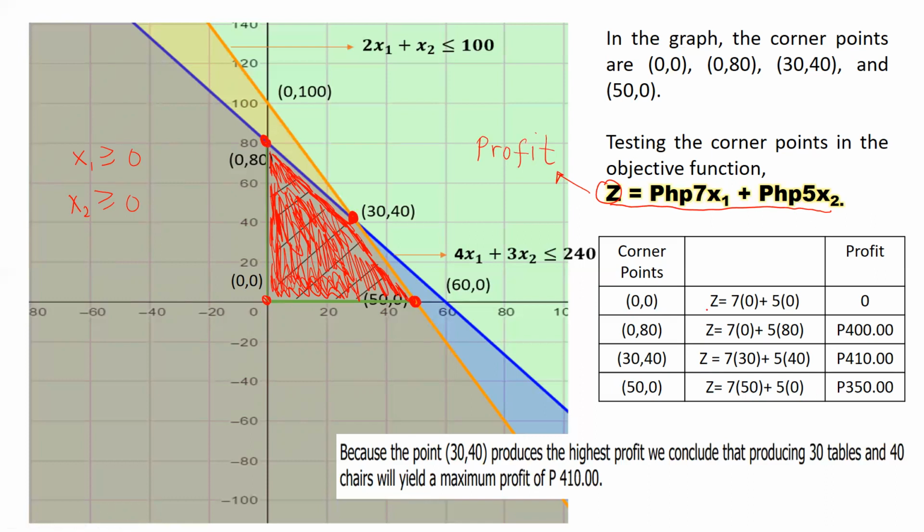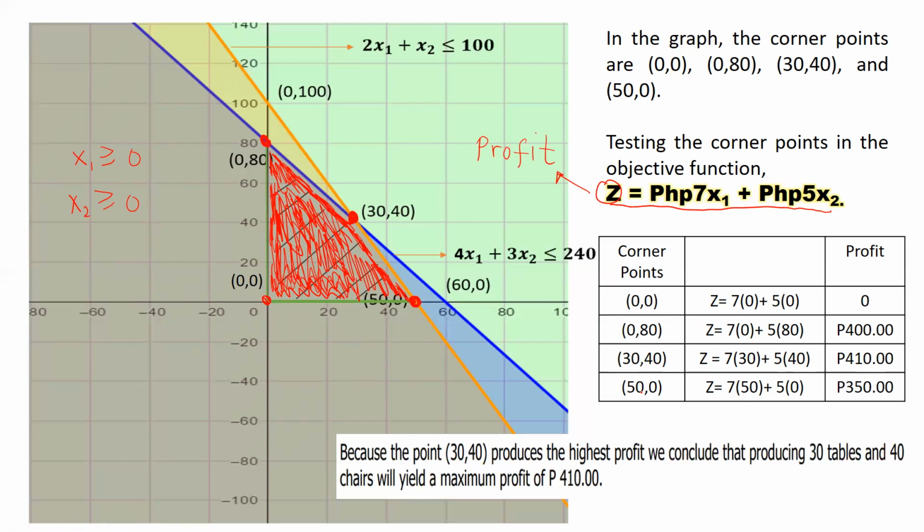Take note that Z represents profit. For (0, 80), Z equals 7 times 0 plus 5 times 80, which gives us a profit of 400 pesos. For (30, 40), Z equals 7 times 30 plus 5 times 40, which gives us 410 pesos.